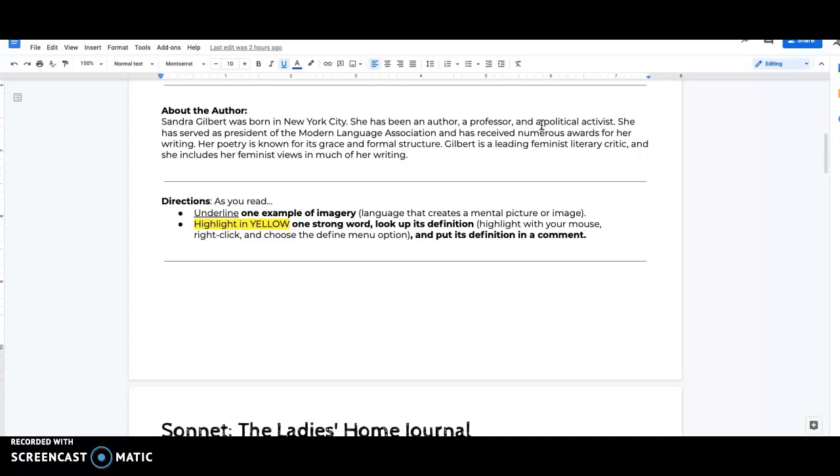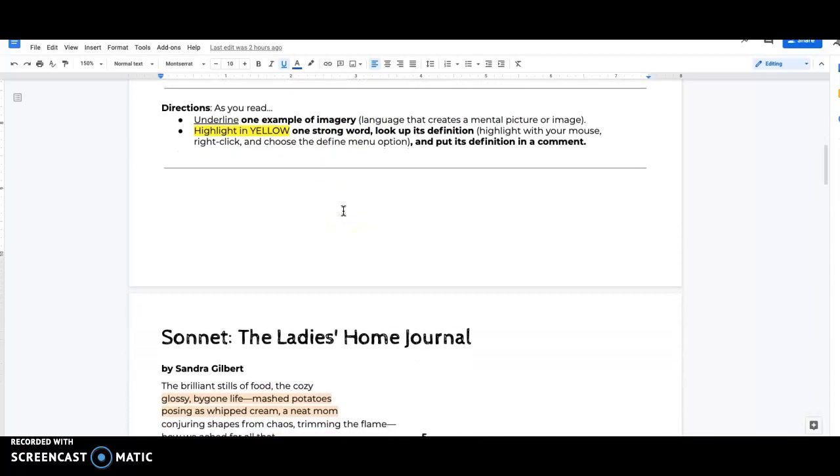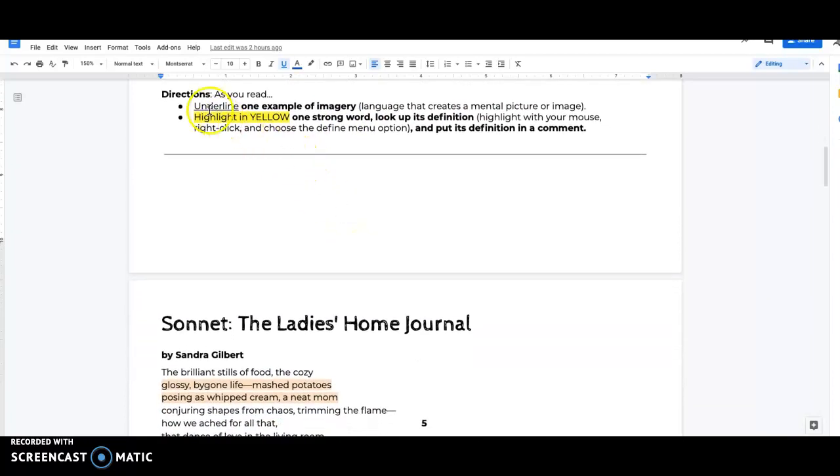Based on what you know about feminism and the views of feminists, think about that being part of the mindset of this author. As you read the poem, there are two things you need to annotate to get points for that portion of the assignment. You need to underline an example of imagery.